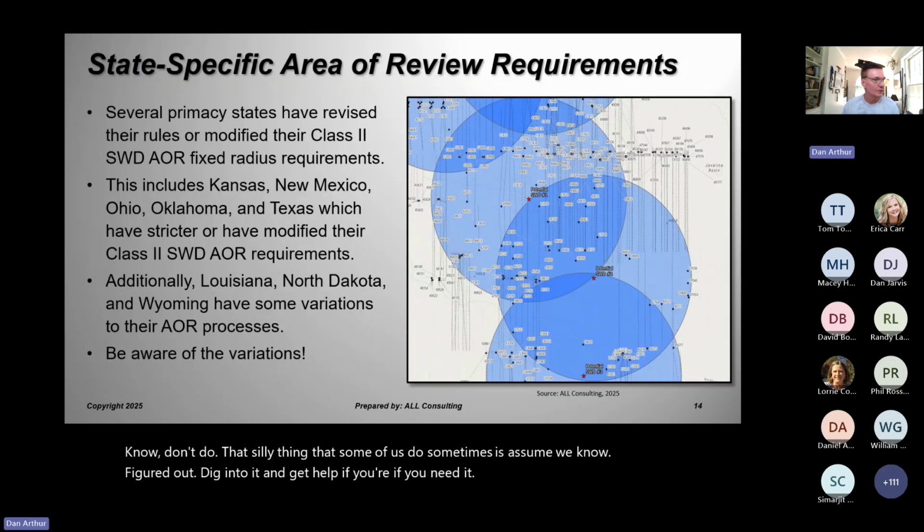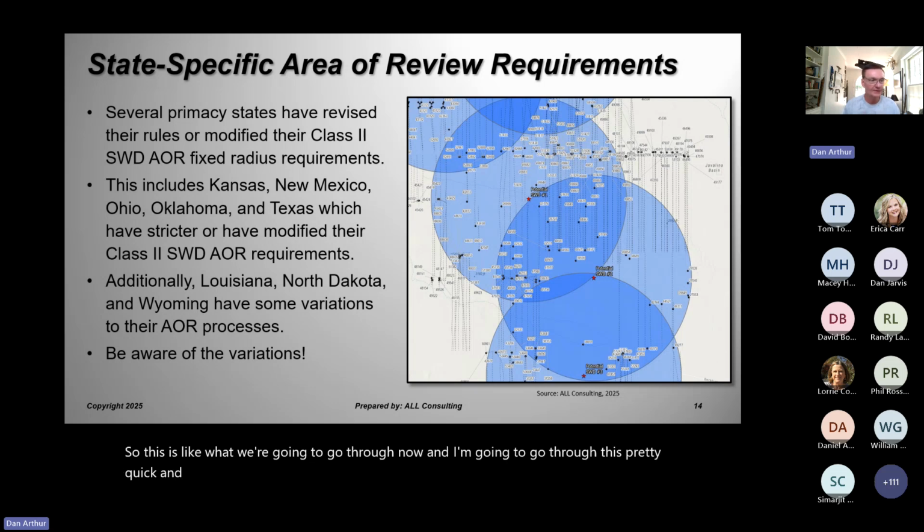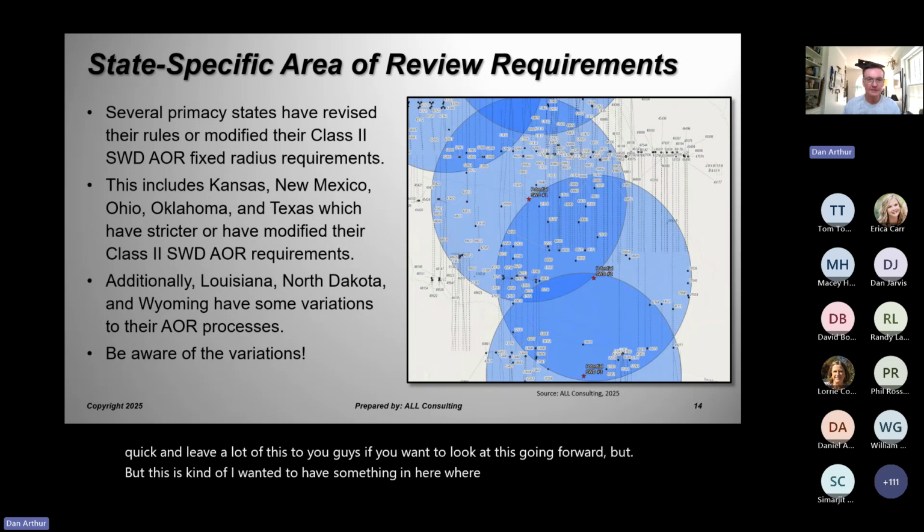So this is what we're going to go through now, and I'm going to go through this pretty quick and leave a lot of this to you guys if you want to look at it going forward. I wanted to have something in here where we show that there are variations between the states.